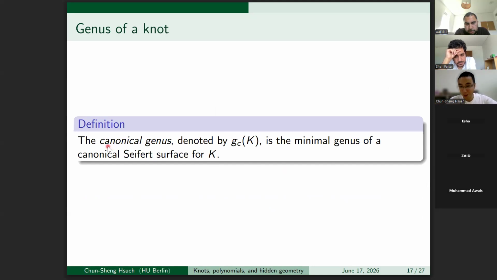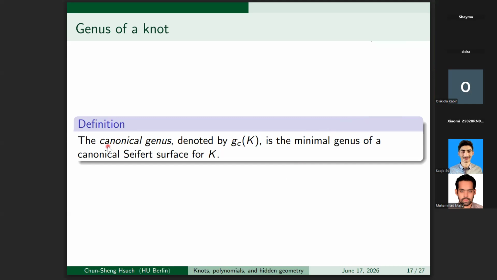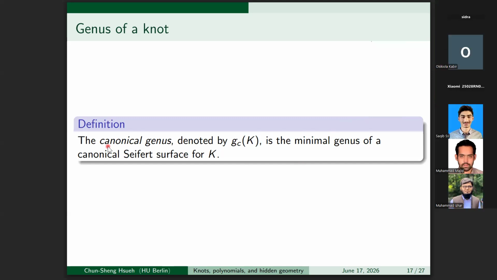The canonical genus of a knot is the minimal genus of all the canonical Seifert surfaces for that knot. Because I told you that if you start with different diagrams of the knot and you apply Seifert's algorithm, you could end up with different genus Seifert surfaces. So we take the minimal genus of all these canonical Seifert surfaces, and that gives you the canonical genus.